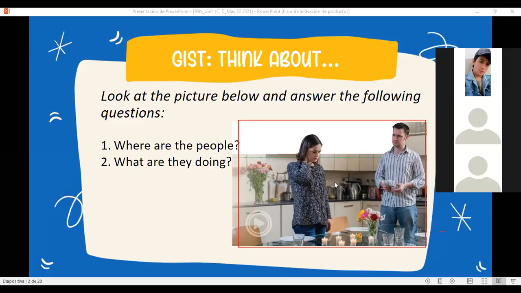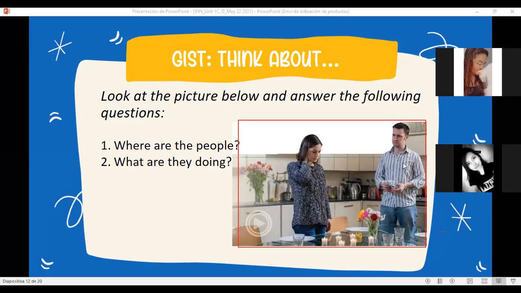So someone else, what do you think, Brian? Where are these people? They are in a kitchen. They seem to be in the kitchen. Perfect. What are they doing, Gabby? What do you think they are doing? I think they are having a romantic dinner.